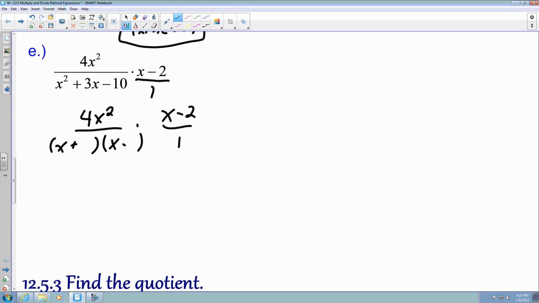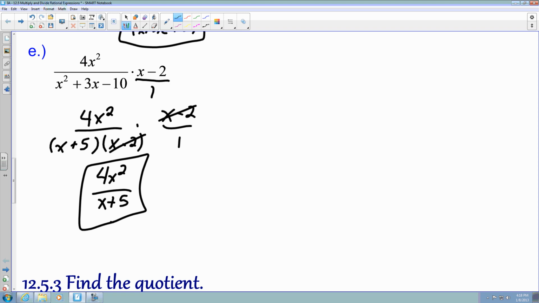And I'm thinking it's going to be 5 and 2. So I got x minus 2 and x minus 2. Those cancel. And that's all I can do, so I'm left with just 4x squared over x plus 5. Okay.